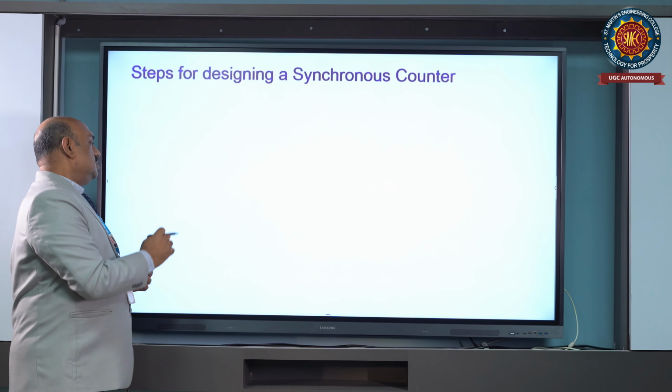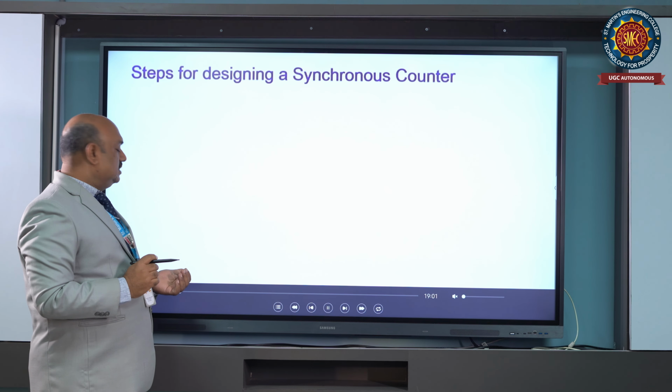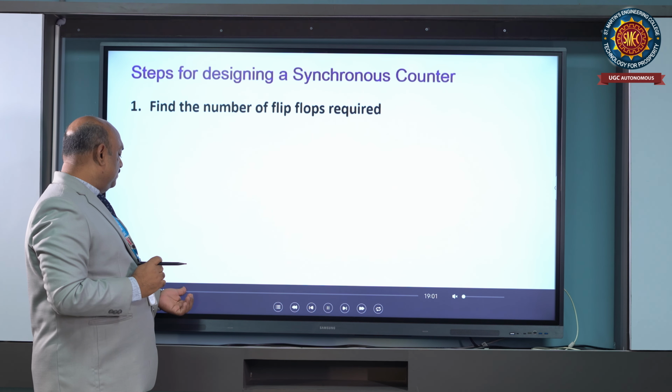We are designing a synchronous counter. The first step is to select the flip-flop.